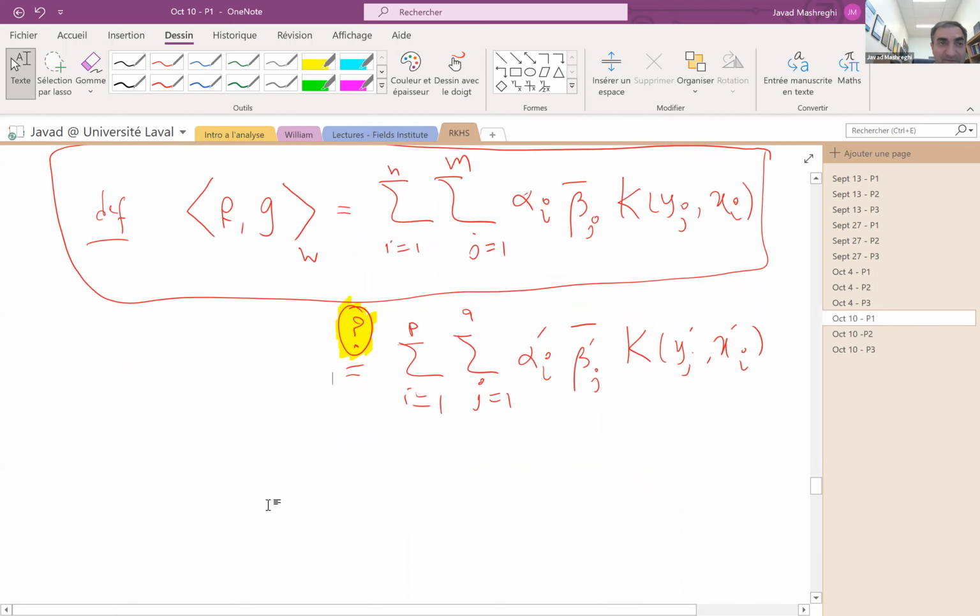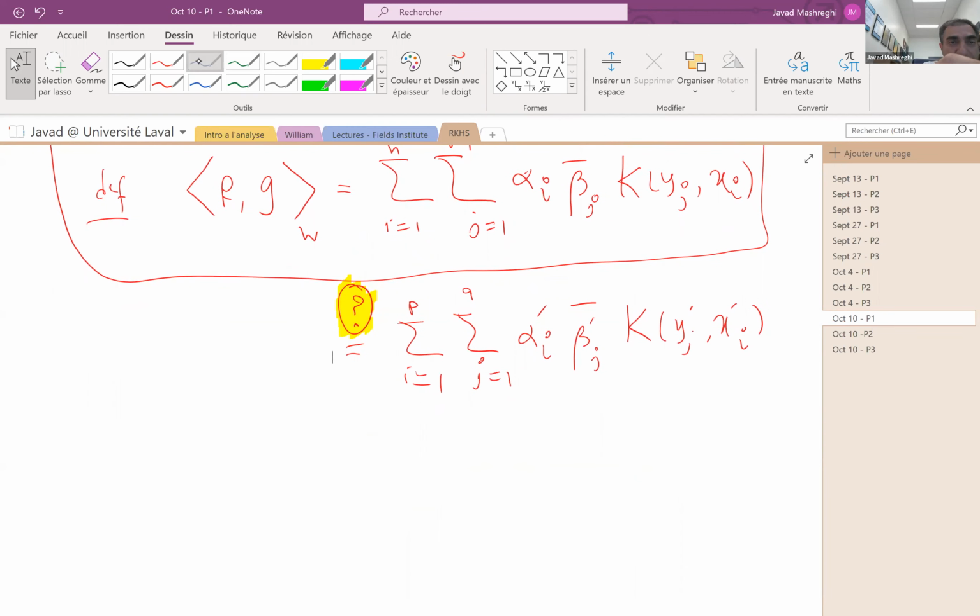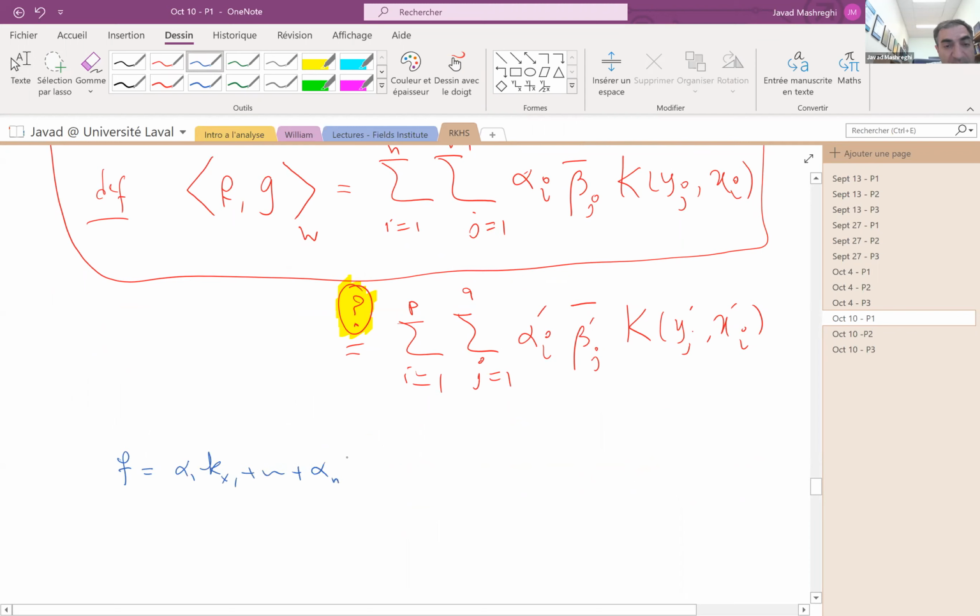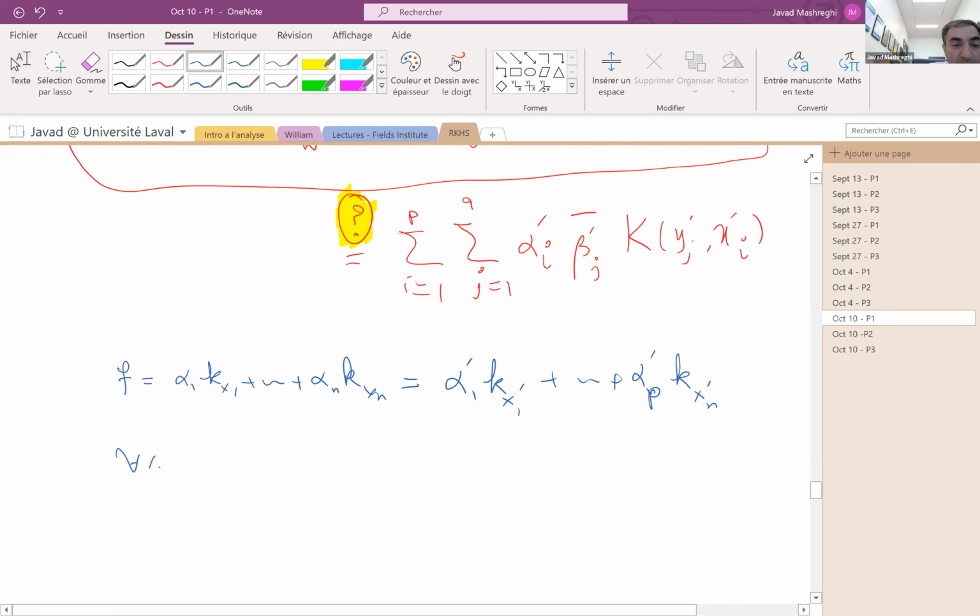Why is this well defined? So go back to what we had for f. f on one hand is equal to alpha 1 k x1 up to alpha n k xn. And on the other hand, for another set of scalars and points. But whatever the representation, the value of f at any point is well defined. So for any y in the set omega, f at point y is this function at point y or this function at point y. They have to be equal.